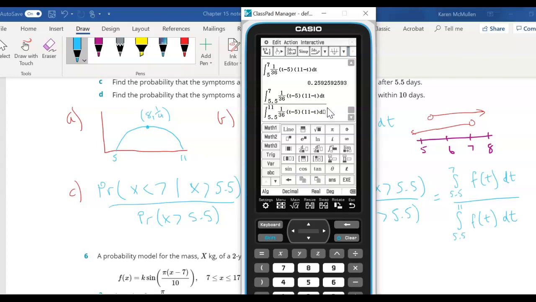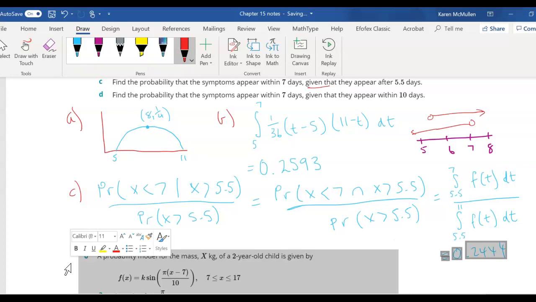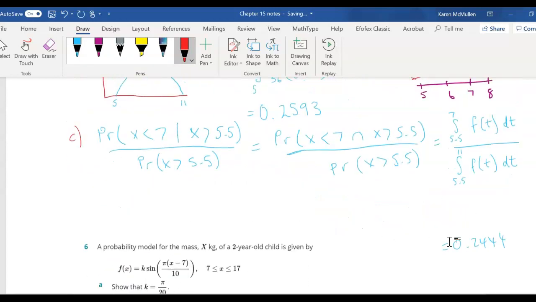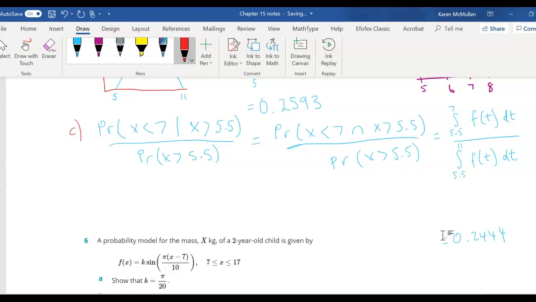And then dt. All right, so we get 0.2444. All right, so for part C, I can just bring this one down a little bit.